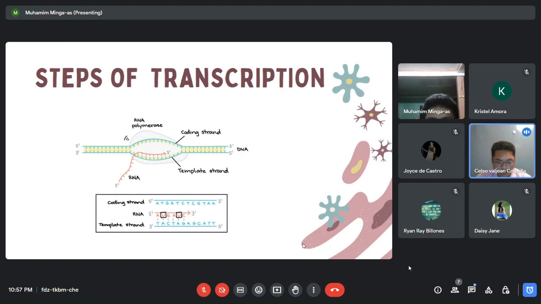Then the polymerase builds an RNA molecule out of complementary nucleotides, making a chain that grows from 5' to 3'. So the RNA transcript carries the same information as the non-template, or coding, strand. The only difference is that the RNA contains uracil instead of thymine. Next slide, please.